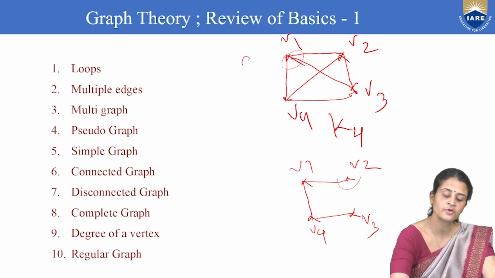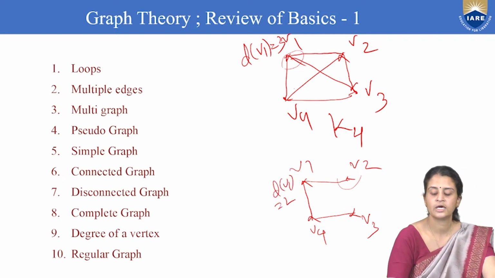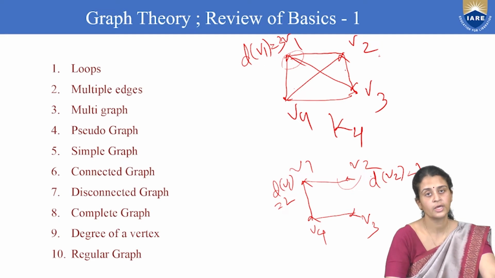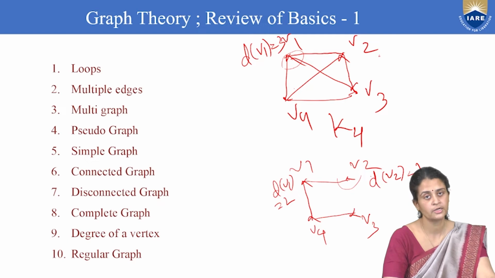So here the degree of V1 is 3, here the degree of V1 is 2. Here the degree of V2 is 1, whereas here it is 3. So the degree of a vertex means the number of edges incident on it.